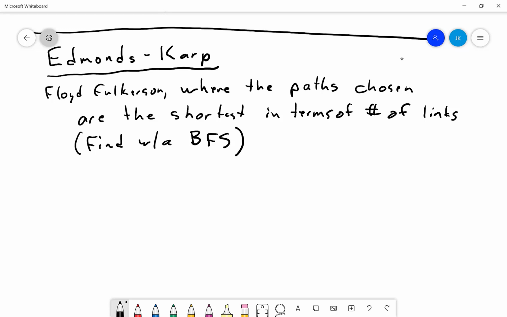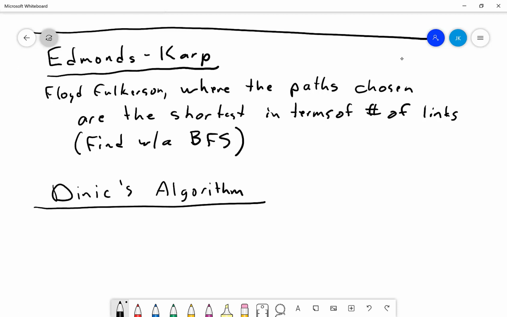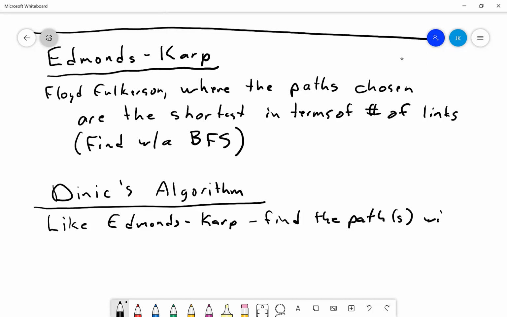There's some people who say, oh no, it's easy to code up. If you're interested in the code for this one, you can look in the book, but I'll just introduce the idea of it here. This is Dinic's algorithm, and I don't know if I am pronouncing the name right, but Dinic's algorithm is kind of like Edmonds Karp, in that you find the path, or I should say paths, with the fewest edges.